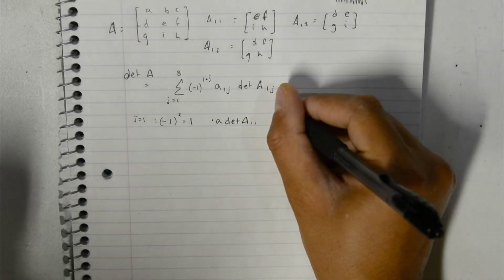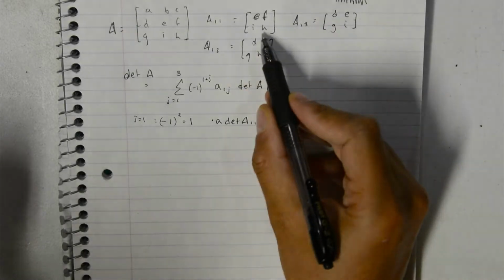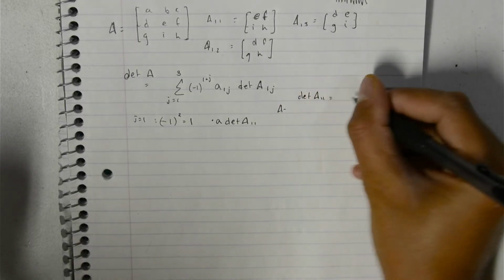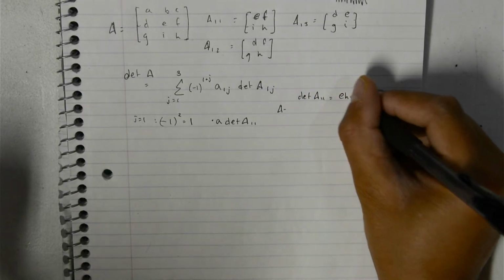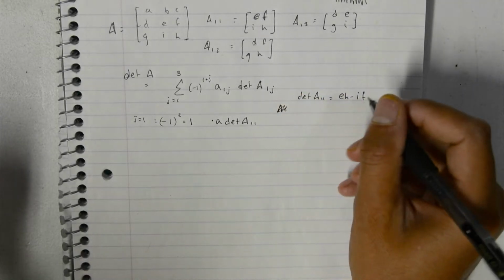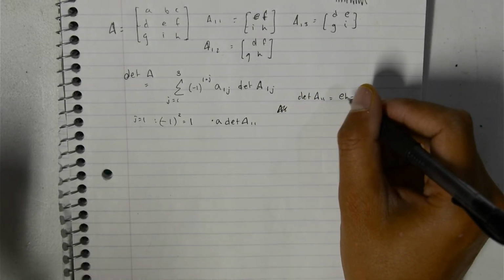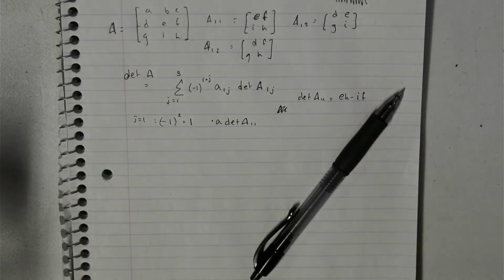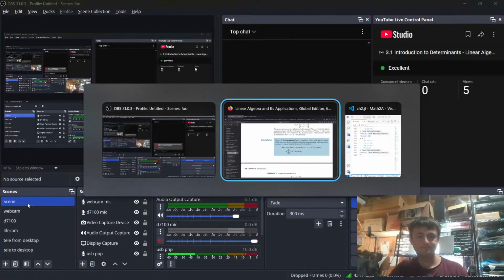So A11 is this, EFHI. So then det A11 is equal to EI minus FH, I think. Wait, is that the whole formula? I don't know if that's... I think that's the whole formula. I wonder if I can do this.